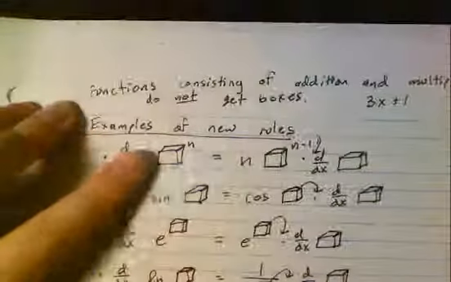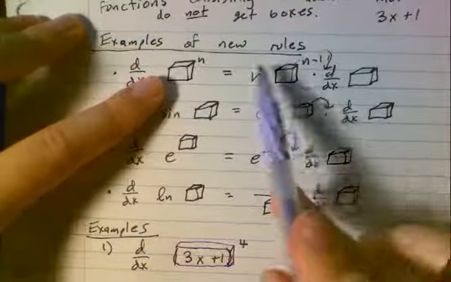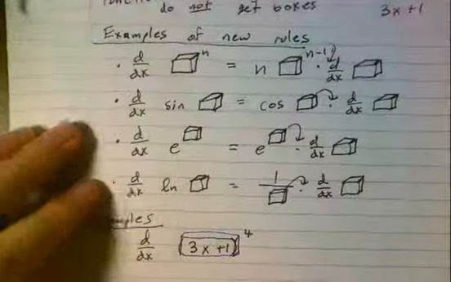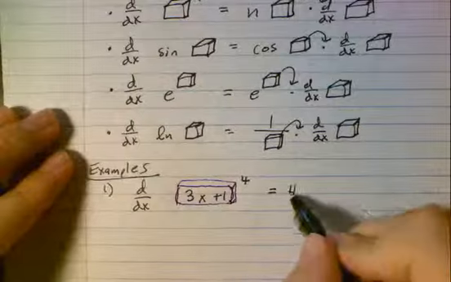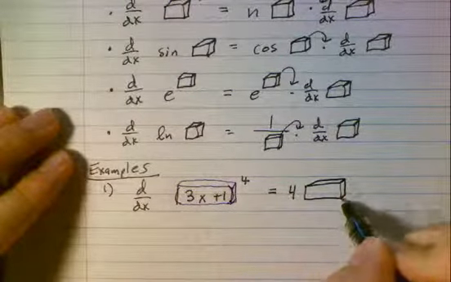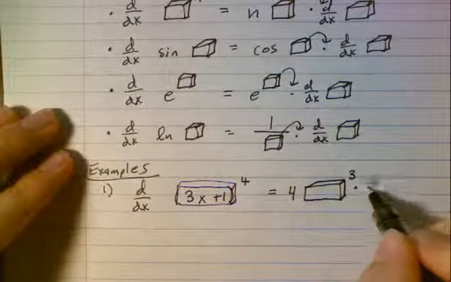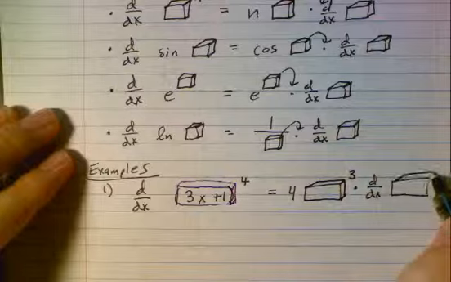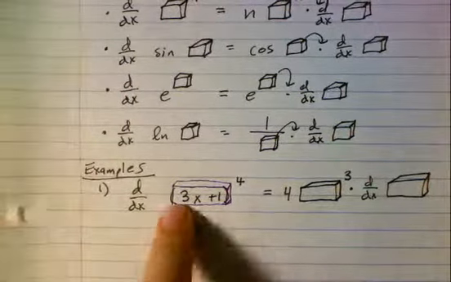Now we're going to use this rule up here. We're going to take the derivative, bring down the exponent, subtract 1 from the exponent of whatever's in the box. And we're also going to multiply by the derivative of whatever was in that box. Now we look over here, what was in the box?